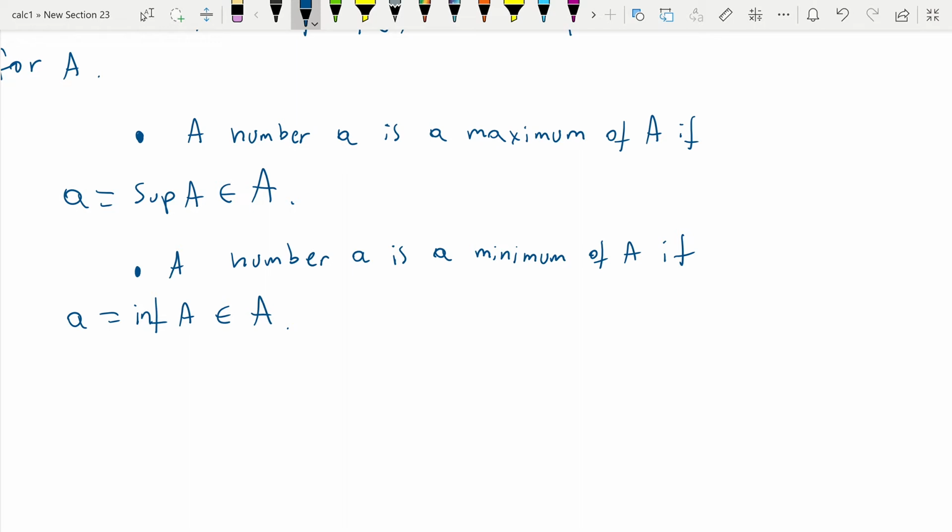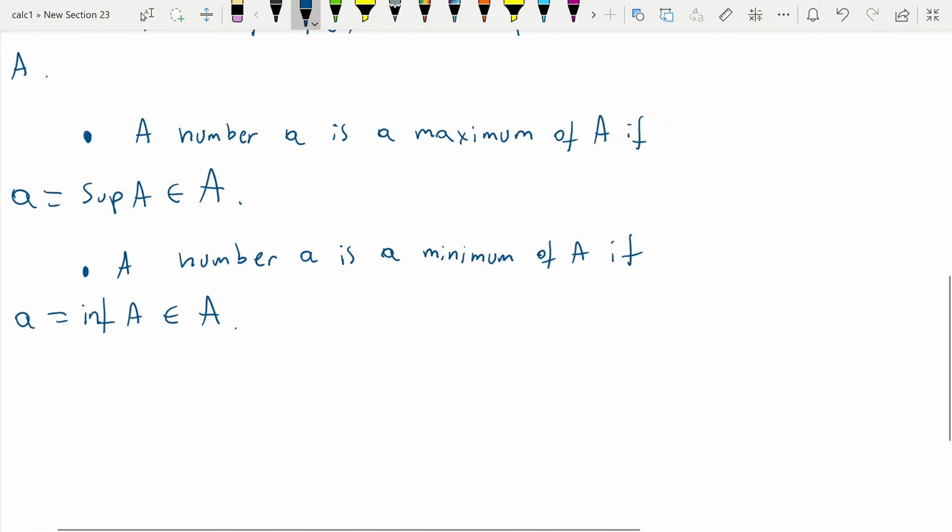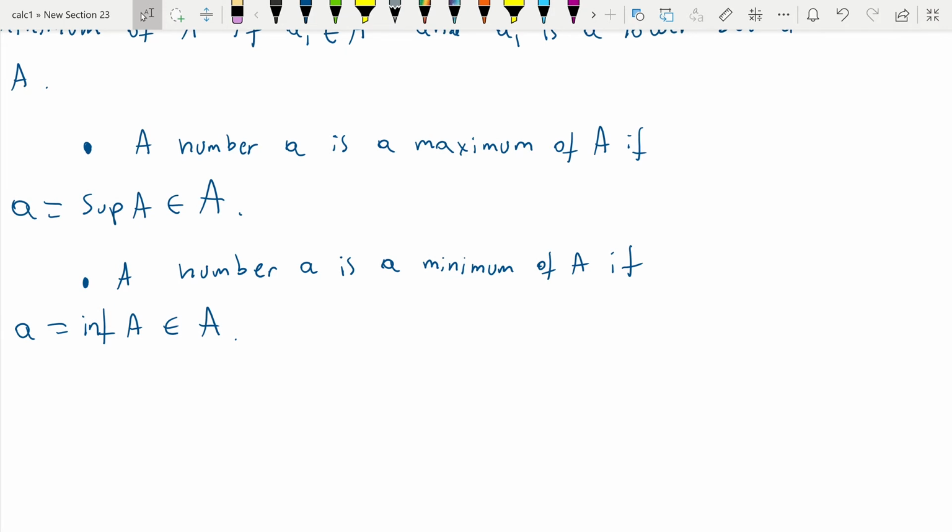So a set that contains its supremum has a maximum, and that maximum is the supremum. And a set that contains its infimum has a minimum, and that infimum is the minimum.